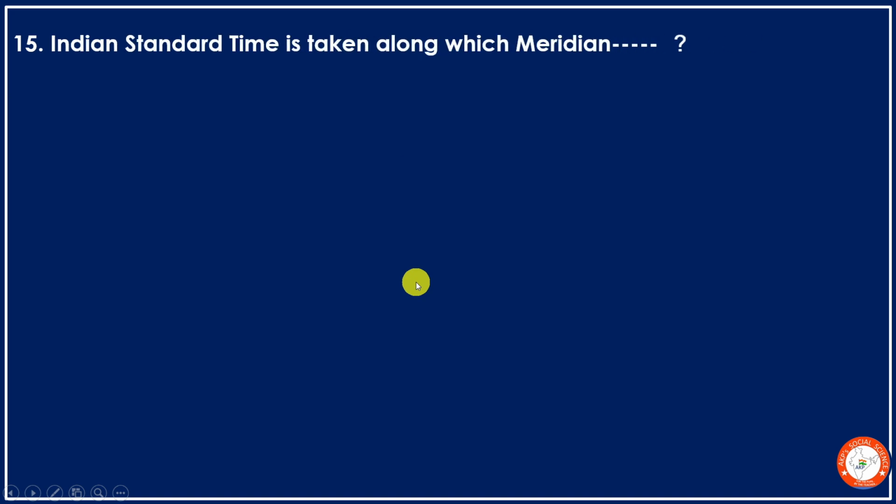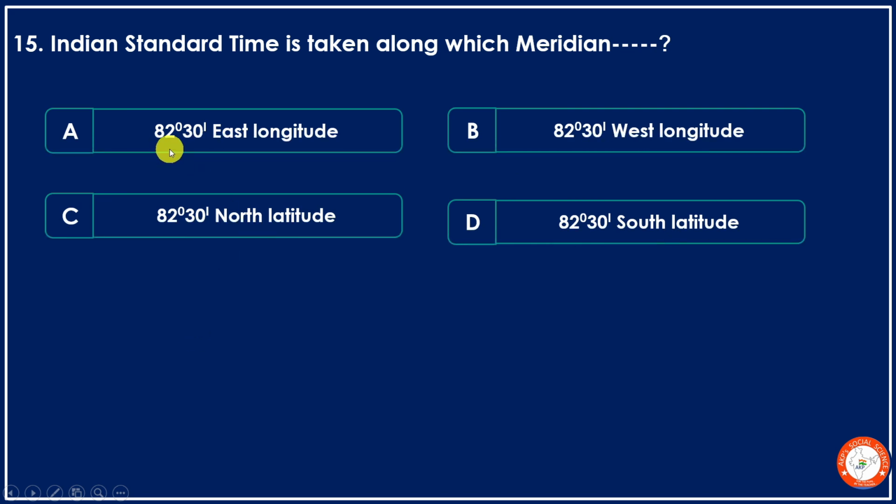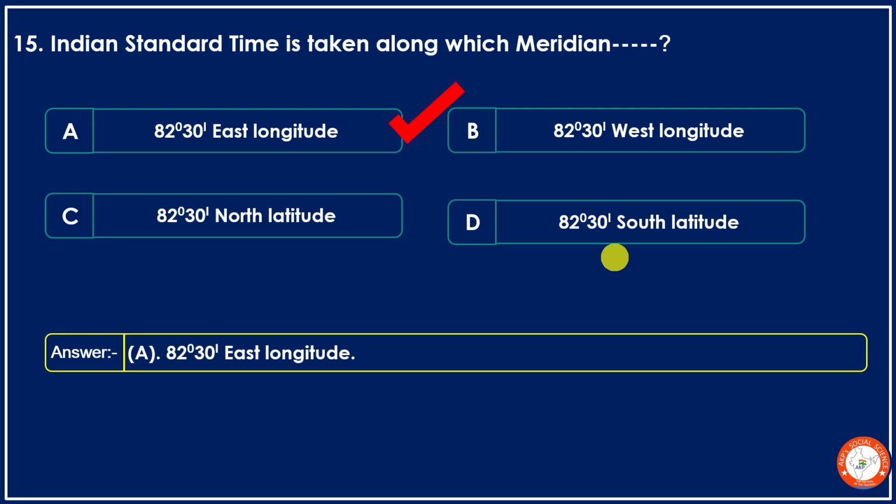Indian Standard Time is taken along which meridian? 82 degree 30 minutes east longitude, west longitude, north latitude, south latitude. The correct answer is 82 degree 30 minutes east longitude.